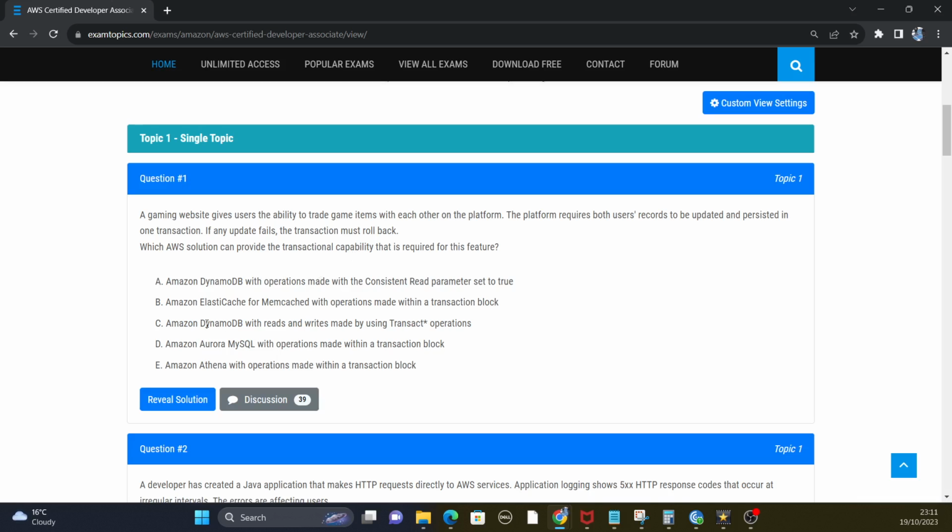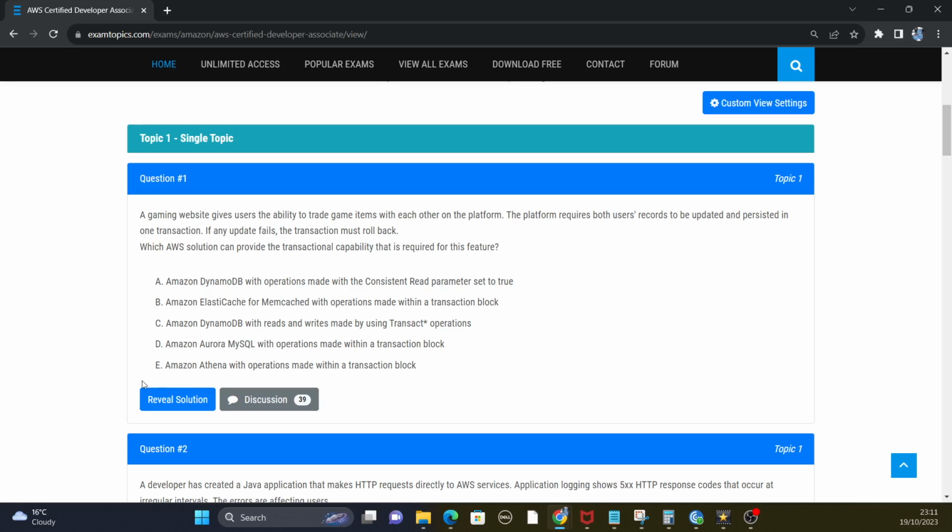And basically, the answer for this question should be C, which says Amazon DynamoDB with read and write made by the transact operation, because the transact API of DynamoDB does provide the property of atomicity that makes sure that all the transactions are either executed in full or rolled back in full.